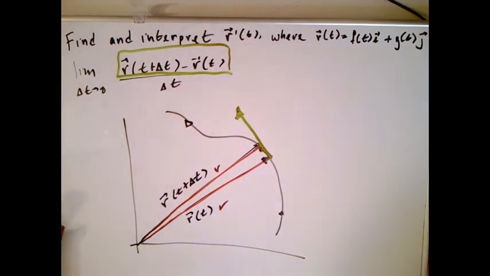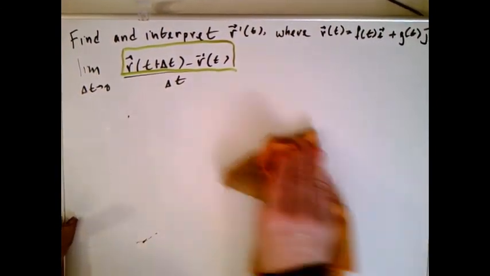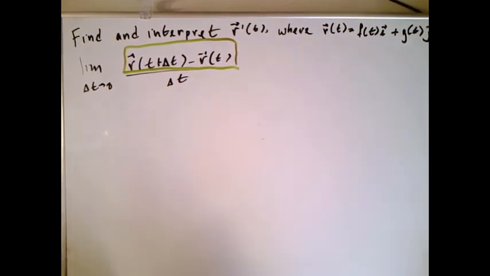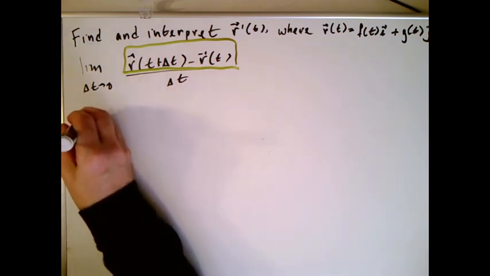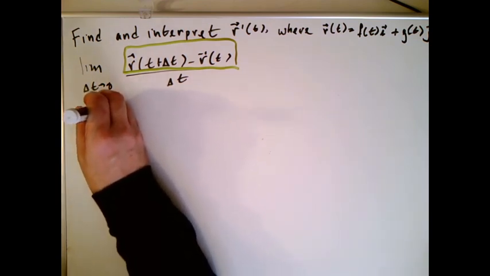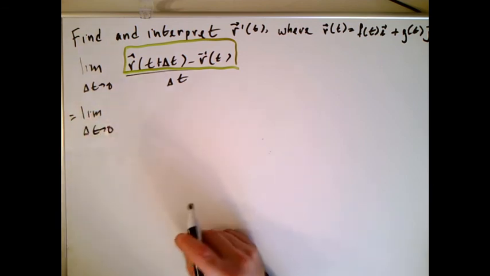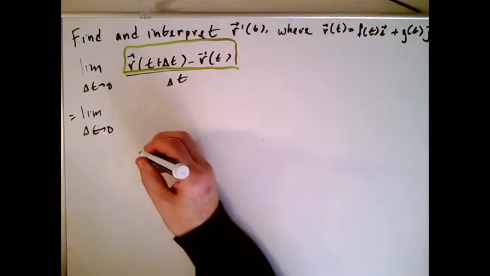And what we're going to do next is calculate this for two variables. It's no different really for three, this whole formula. And it's not as bad as you might think. So here we go. I'm going to write down equals the limit as delta t goes to 0. Now what is r of t plus delta t? I go way over to here, and wherever I see a t, I put a t plus delta t.